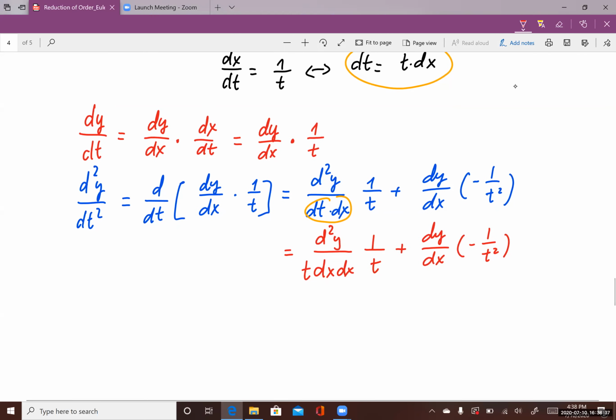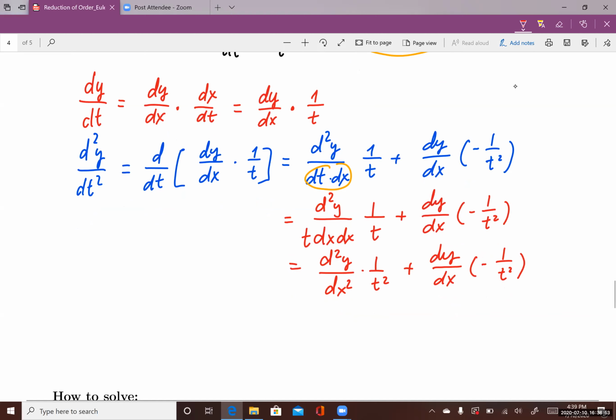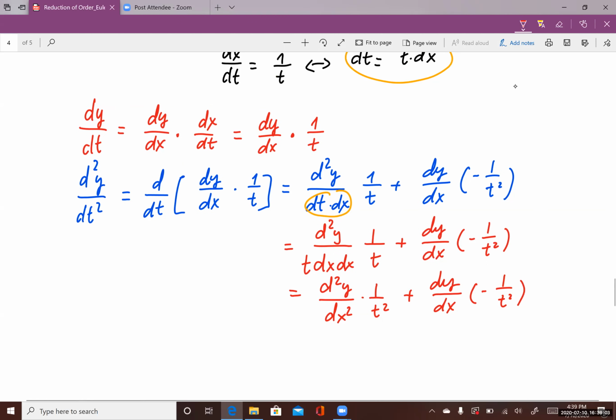Then you can see that it's going to be d squared y over dx squared times 1 over t squared, plus dy over dx multiplied by negative 1 over t squared. So now we have dy dt and d squared y dt squared in terms of dx, dy dx, and functions of t.